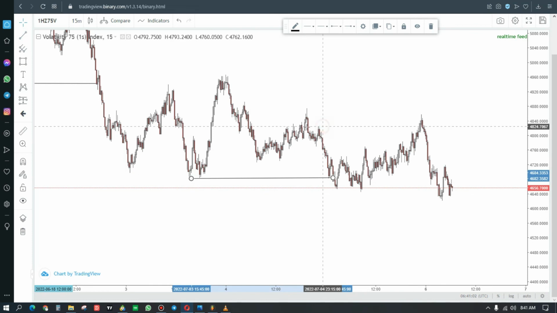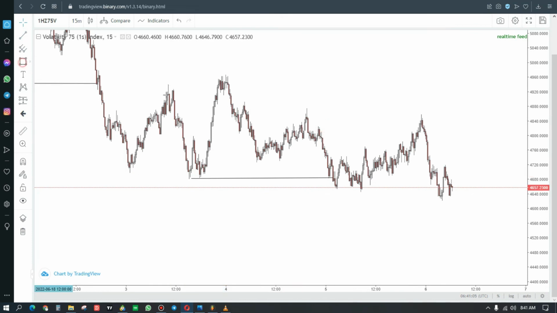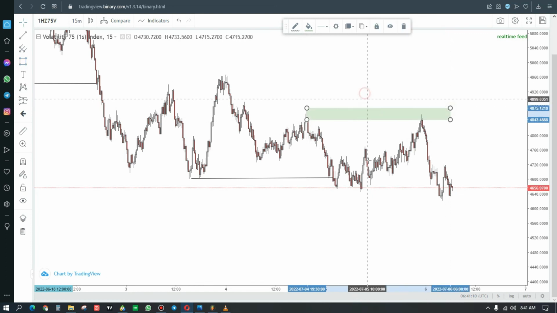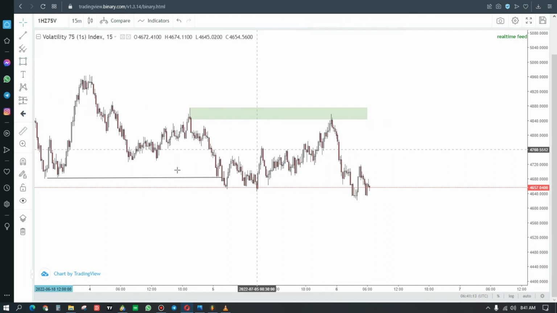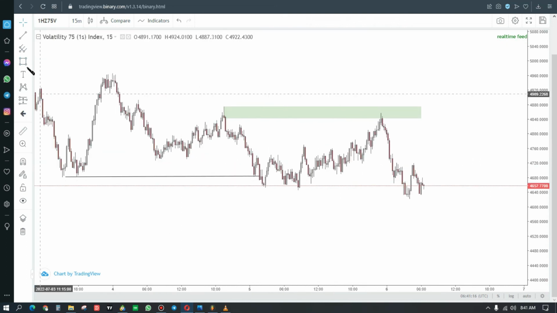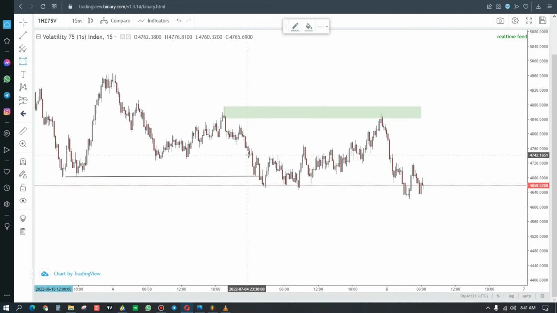This is simple price action, guys. This is just simple. Got taken out, then you'll be looking at this. Of course, you would have tried to look at this, and it's still valid, guys.